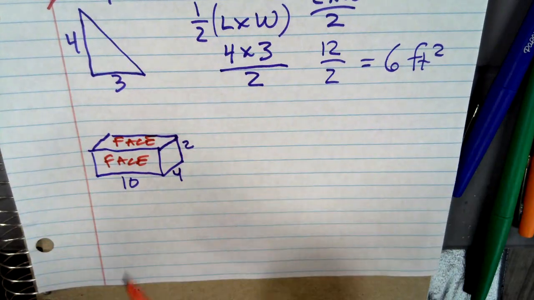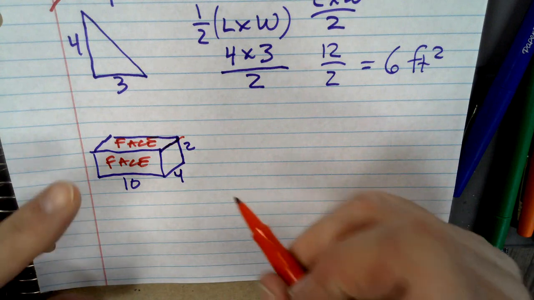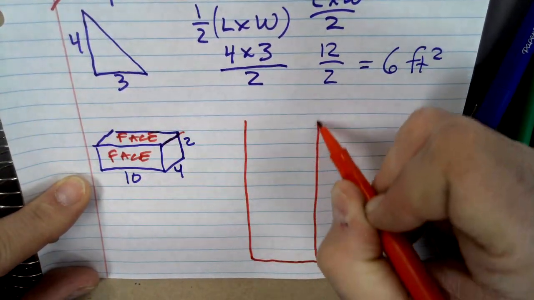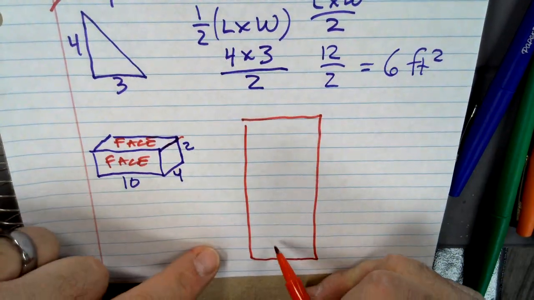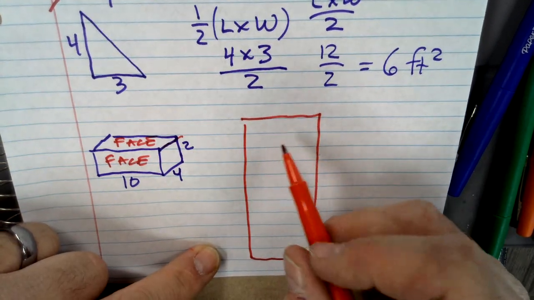Okay. If I took some scissors and cut it open or tore it open with my hands, I would end up having a Kleenex box flattened. Let's see. 1, 2, 3, 4, 5, 6, 7, 8, 9, 10. I went too far.